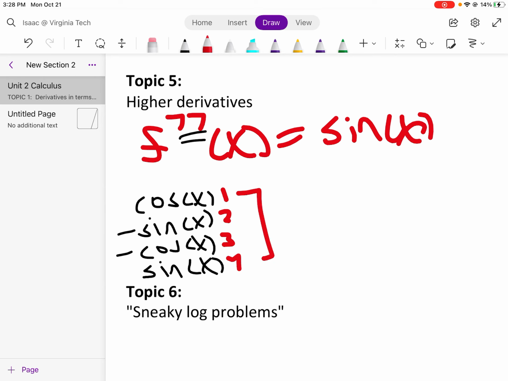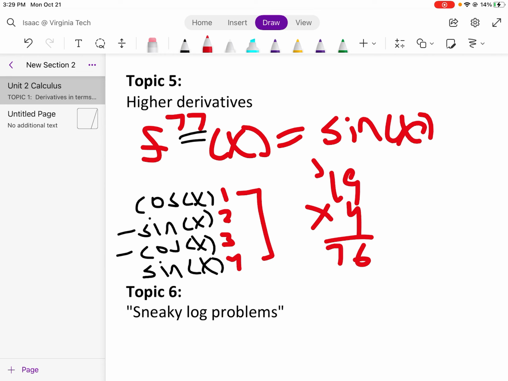So this is considered a cyclical derivative, since it ends up back to where it was, but it takes 4 tries. So then we have to think 77. We have to figure out how that goes into 4. So we know 76 is, if we do 19 times 4, I believe that's 76, right?